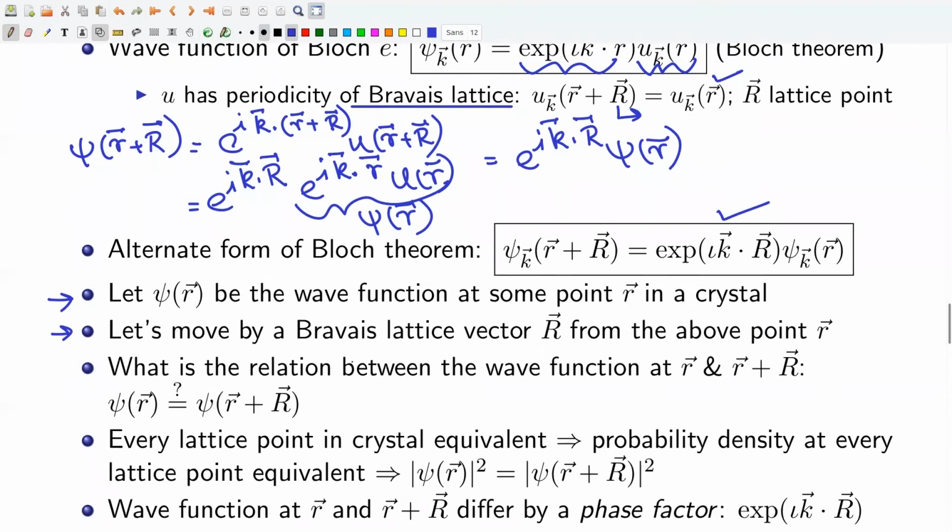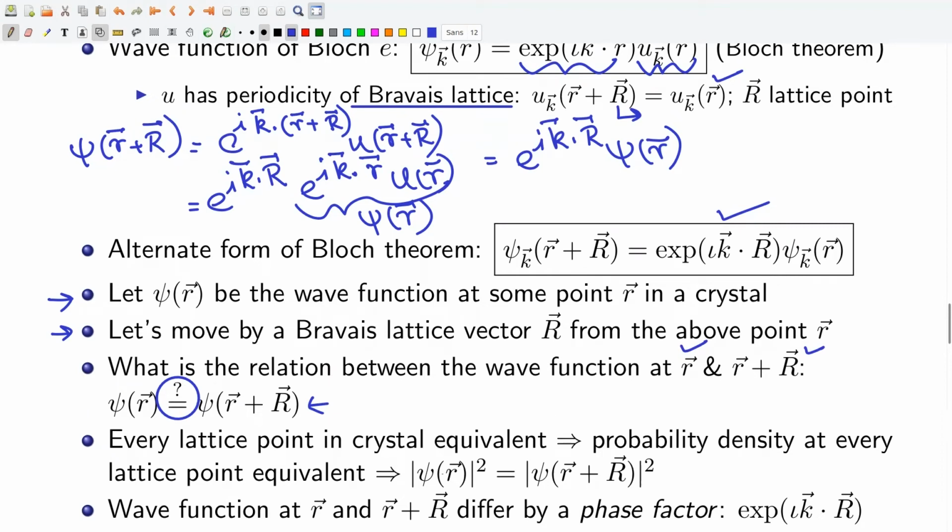What is the relation between the wave function at small r and small r plus capital R? Are they equal or not? Or alternately, you can ask whether the wave function also has the periodicity of the Bravais lattice, because if psi of small r is equal to psi of small r plus capital R, then we have to conclude that the wave function has the periodicity of the Bravais lattice.